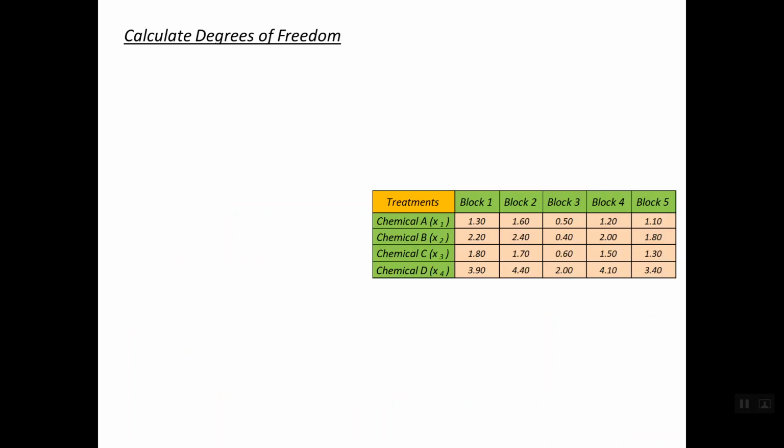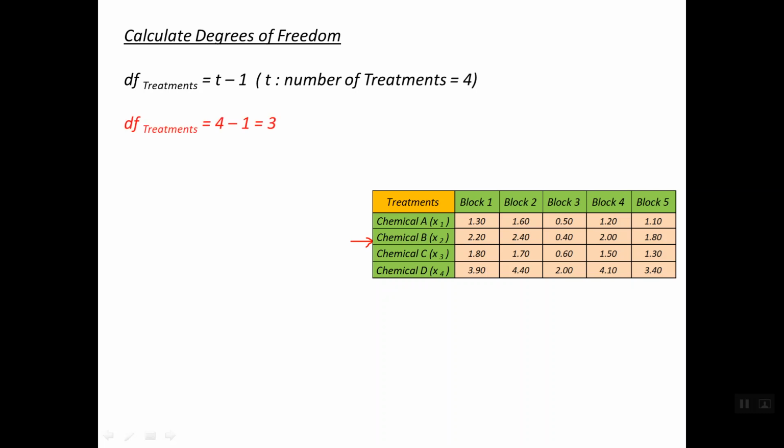First, we can simply calculate the degrees of freedom. The degree of freedom for the treatments is simply equal to the number of treatments minus 1. Here we have 4 treatments. So the degree of freedom for the treatments is equal to 4 minus 1, which is equal to 3.